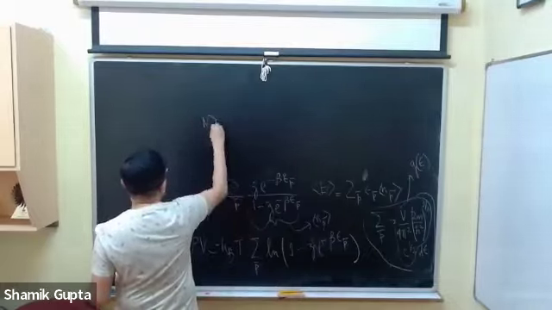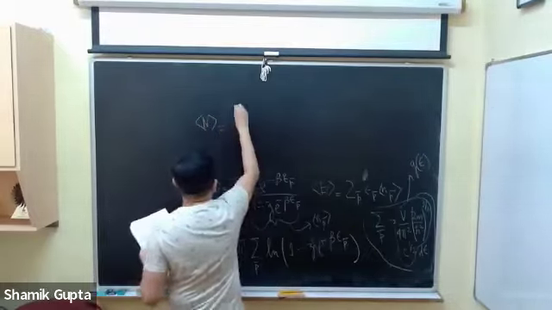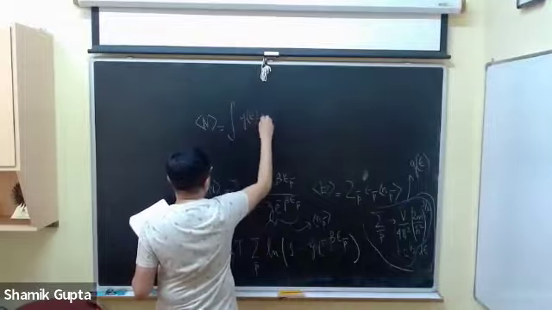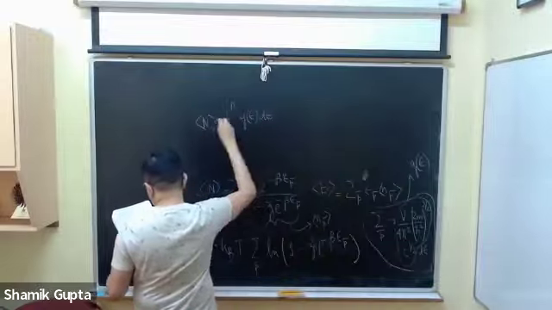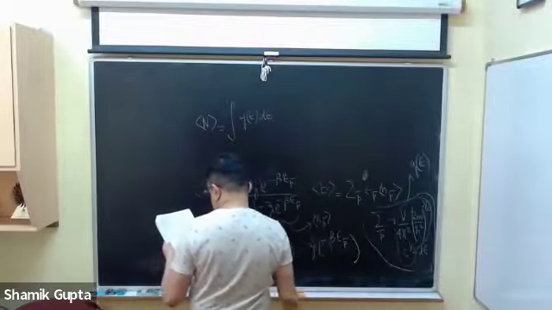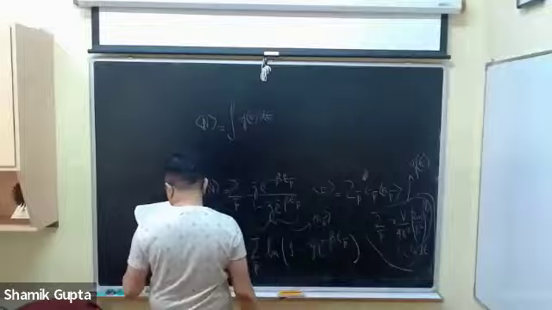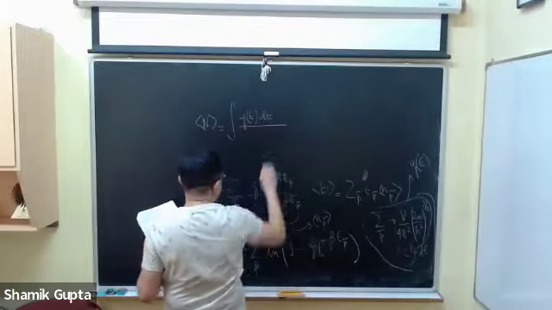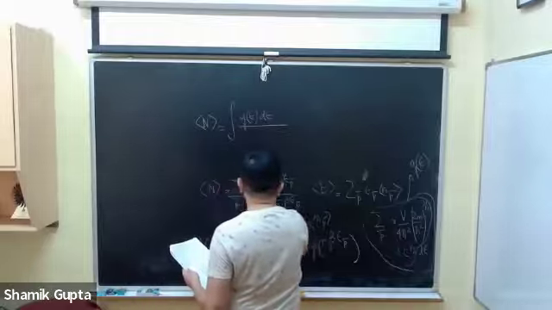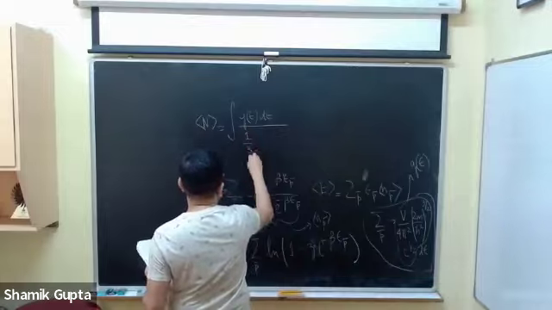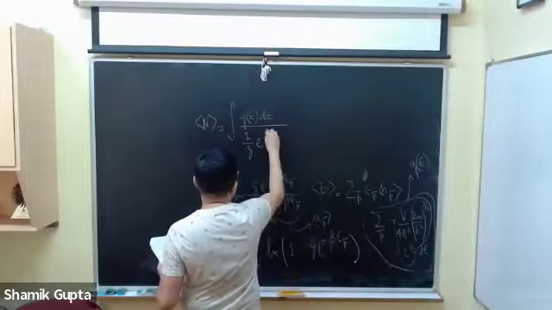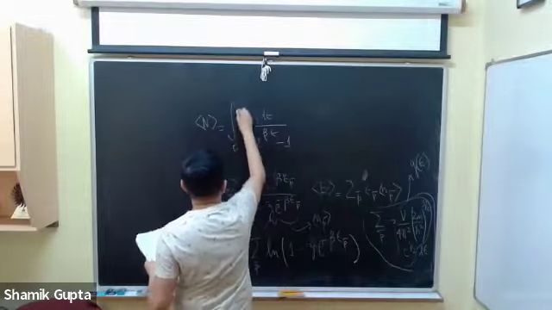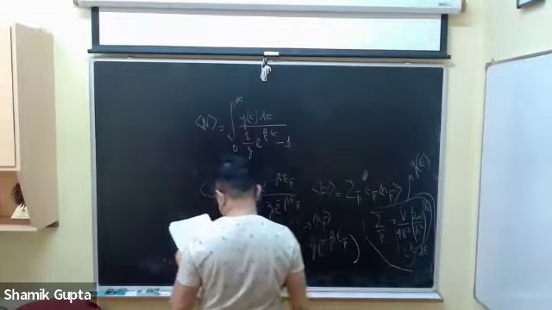So I get n average is equal to the integral from 0 to infinity of G epsilon d epsilon divided by 1 by z e to the power beta epsilon minus 1.